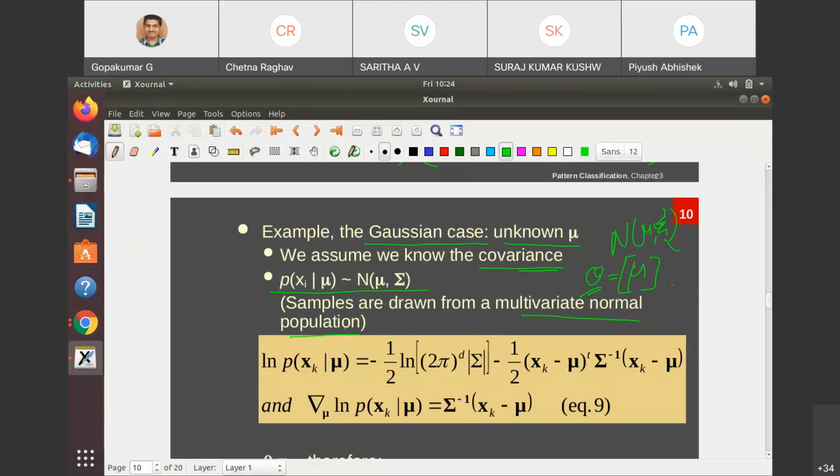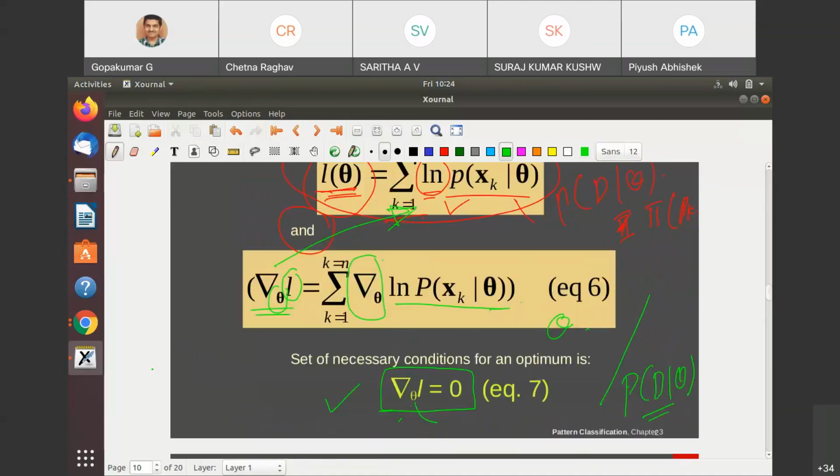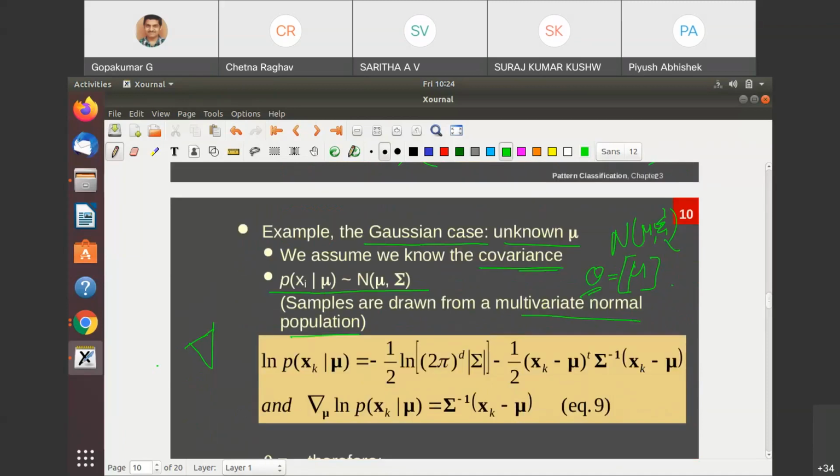Whatever the next discussion is, we are just finding the del operator that we saw in the previous slides, and applying it to this normal distribution. So assume that we have a probability of x_k given mu. This is nothing but the probability of x_k given theta that we saw earlier.